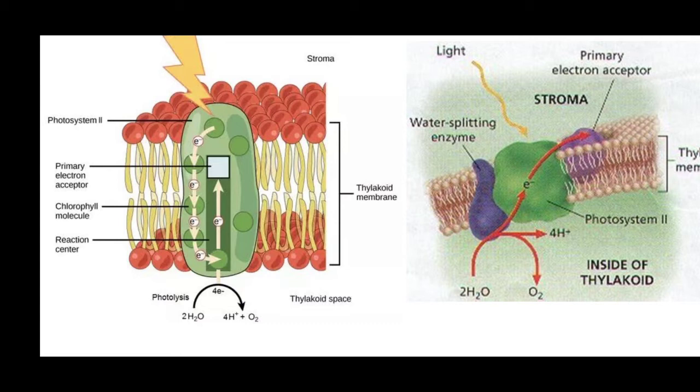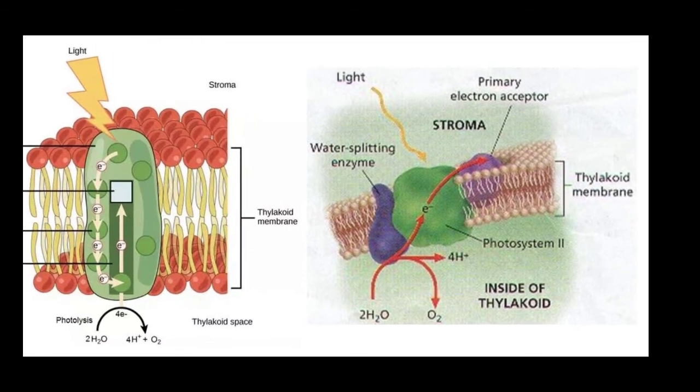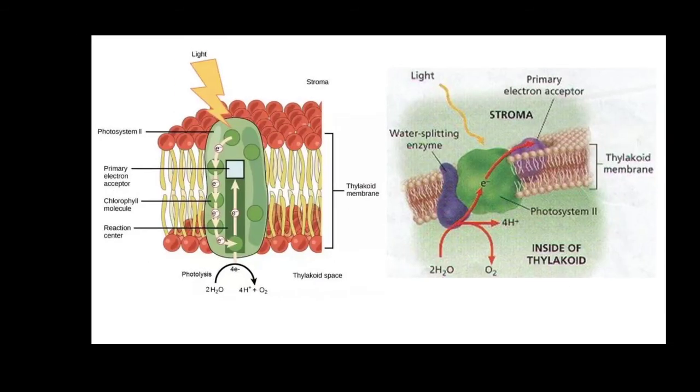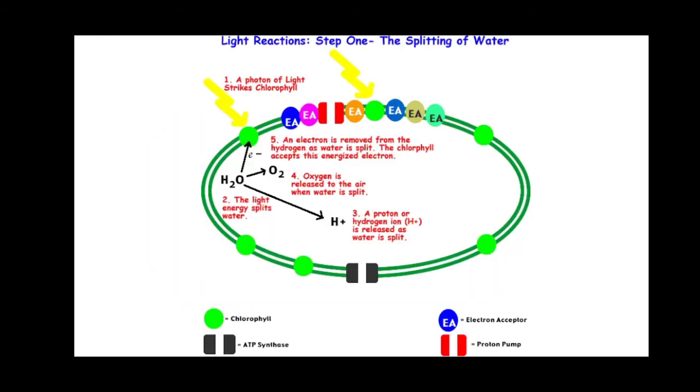Now, this electron that is being transferred to the electron acceptor present right next to it is passed on through a series of electron acceptors. Then there is another photosystem sitting right there, which is called photosystem 1.